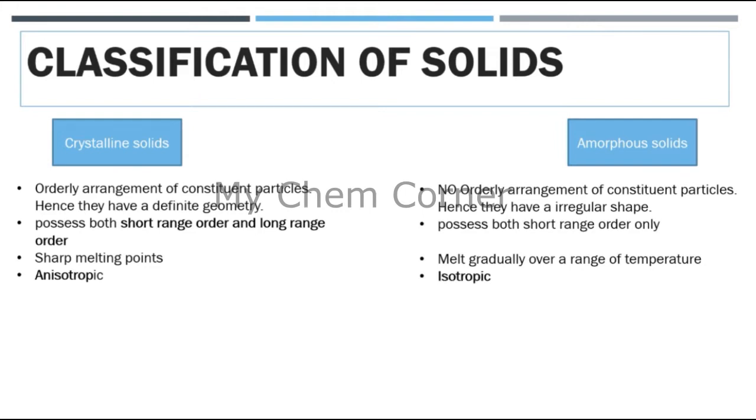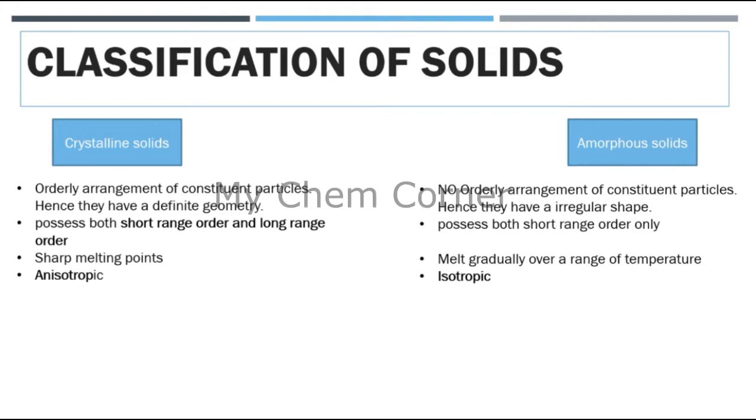Now when I look at an amorphous solid, it is going to be isotropic. Say, for example, I want to measure a physical quantity, which is the velocity of light. When I look at amorphous solids, they're isotropic, which means the physical quantity measured in an amorphous solid will give me an identical value no matter in what direction I measure it.